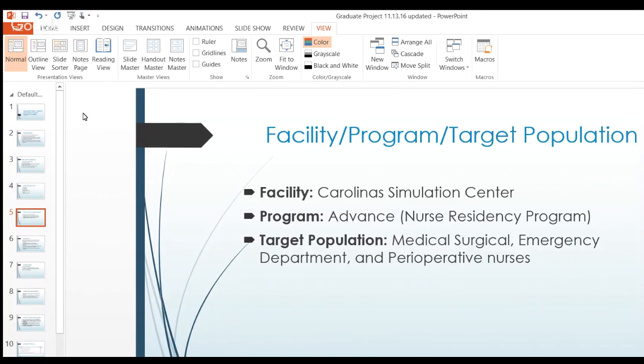When we look at the emergency department new nurses, a lot of the time they're ground zero for the patients who are coming in. And sometimes it's not until it's severe sepsis or septic shock that a patient may get a second look.